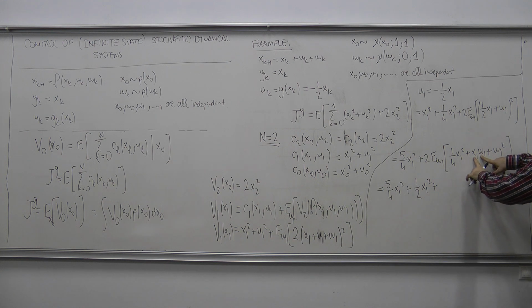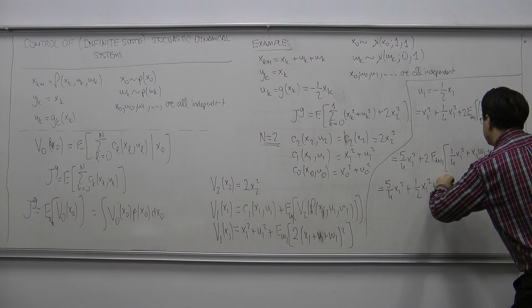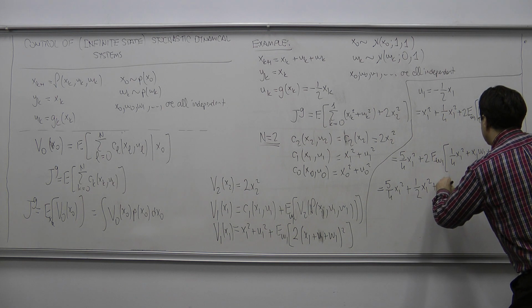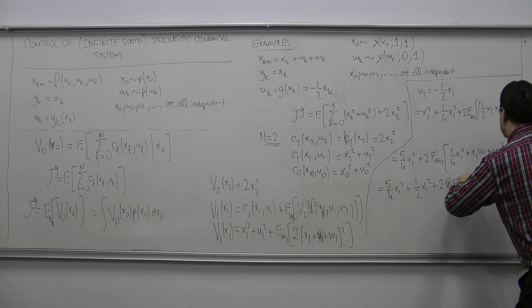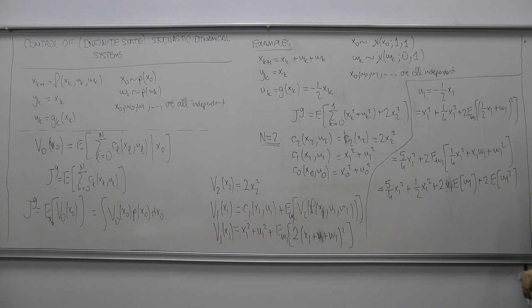It is only W1 which is stochastic here, so I would take x1 outside the expectation, x1 times the expected value of W1. And of course, this thing is going to be 2 times the expected value of W1 squared.